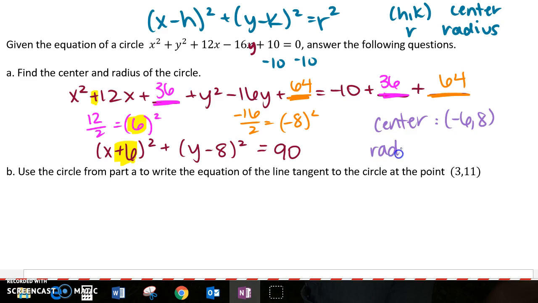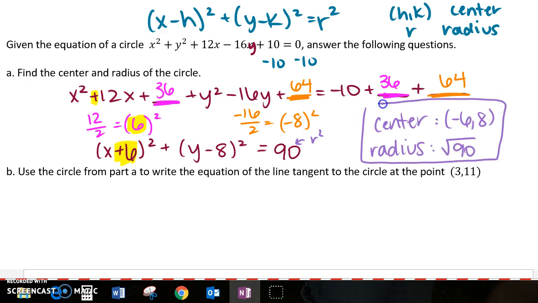The radius, if this is r squared, to get just the radius by itself, it's the square root of whatever's here, so square root of 90. So this is the first part, part A.